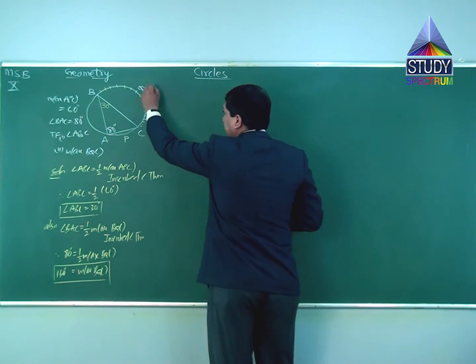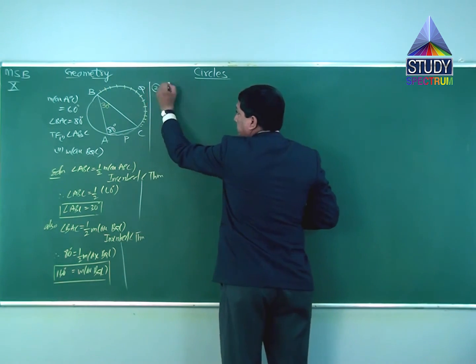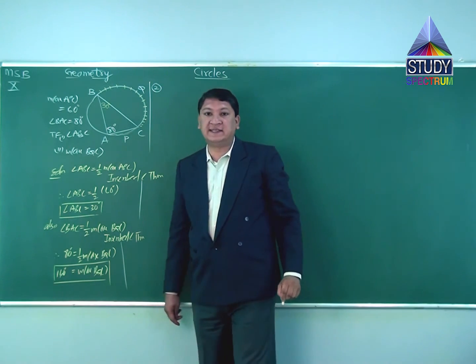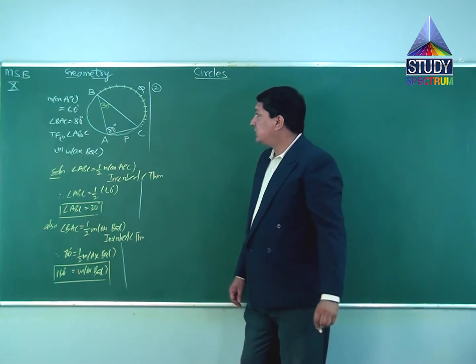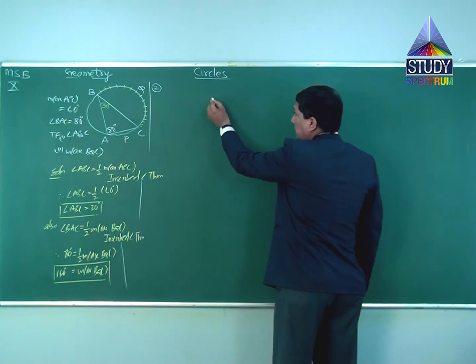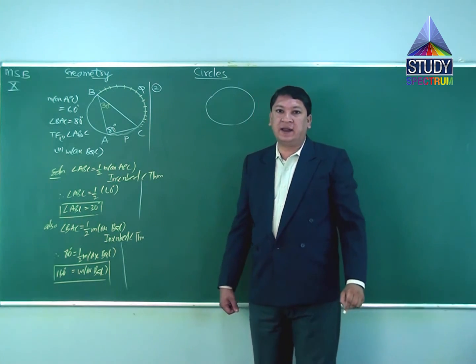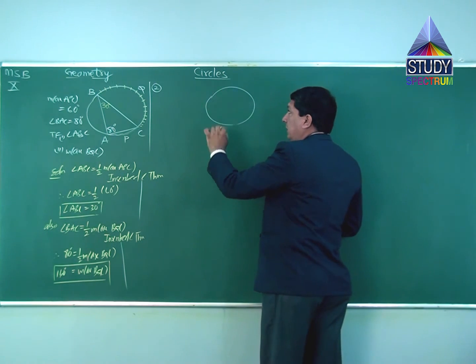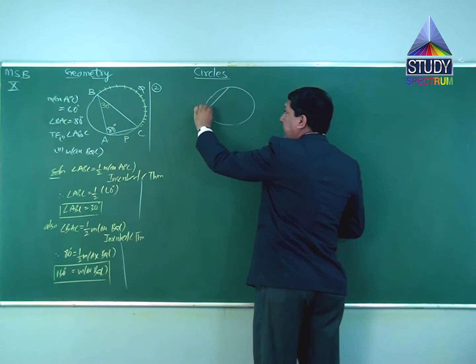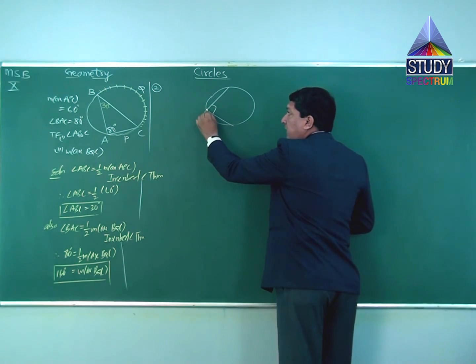We'll take another problem, the second sum from exercise 2.3. In the second sum, they have mentioned there is a right angle triangle whose vertex is on a circle. So I'll draw it this way. The right angle vertex is on the circle.